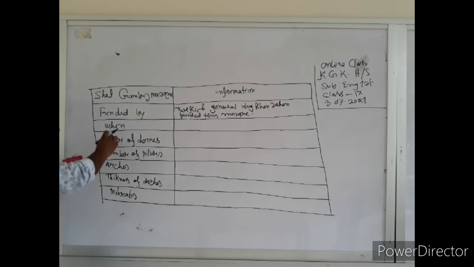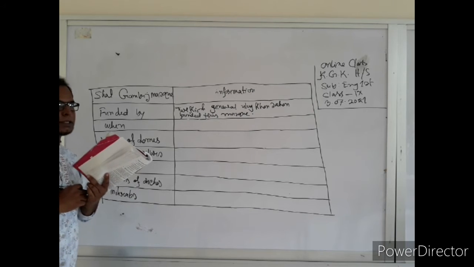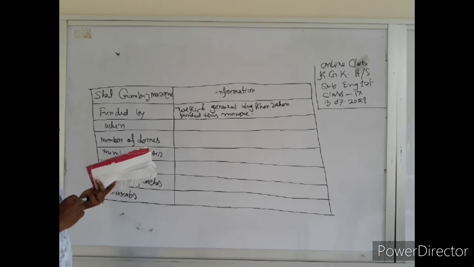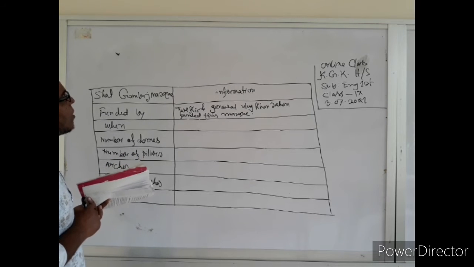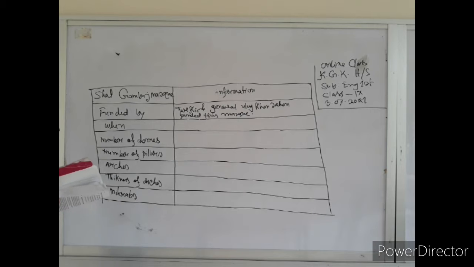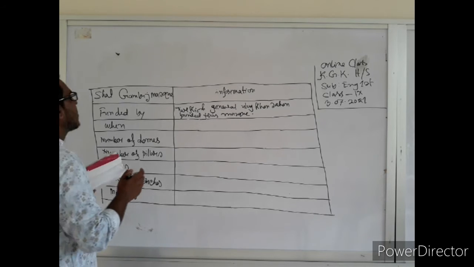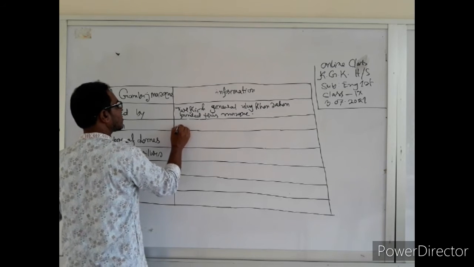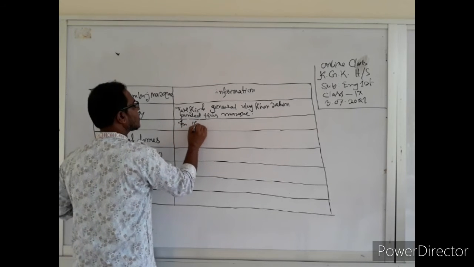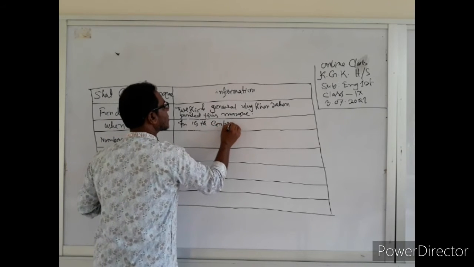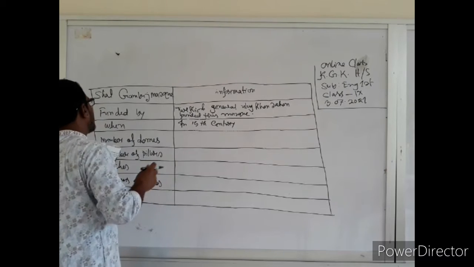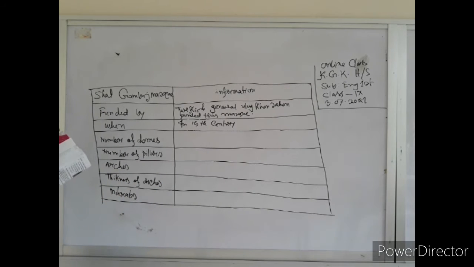Next, when founded. It means when the Turkish general Khan Jahan founded this mosque. From the text, note that it was in the 15th century. In the 15th century, he founded this mosque.